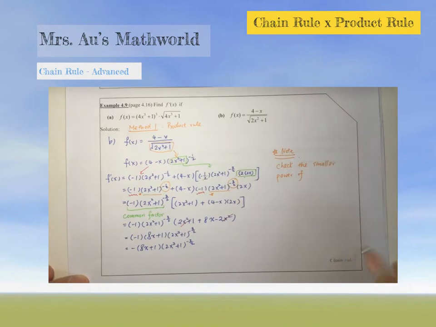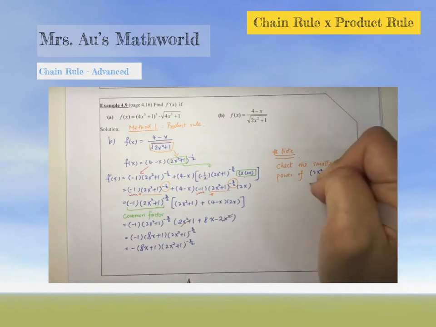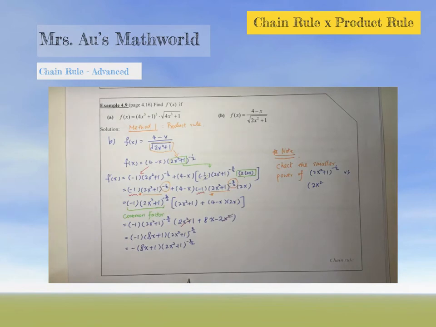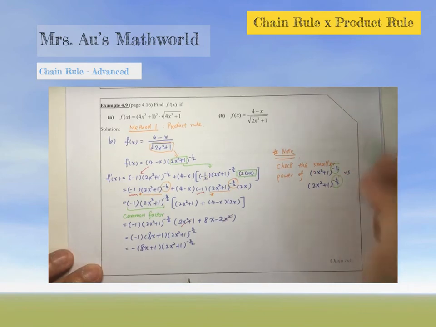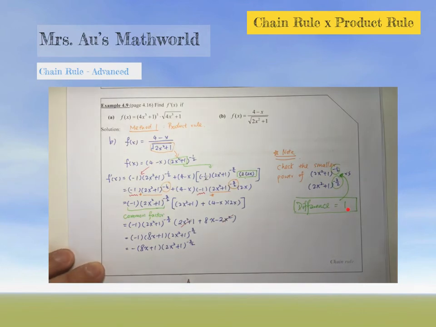When we take out the common factor, we choose the smaller power. Okay, the smaller power among these two. So the difference between the two factors must be equal to 1.